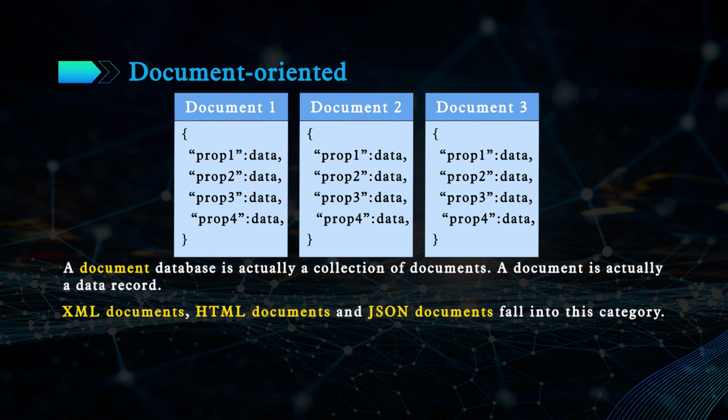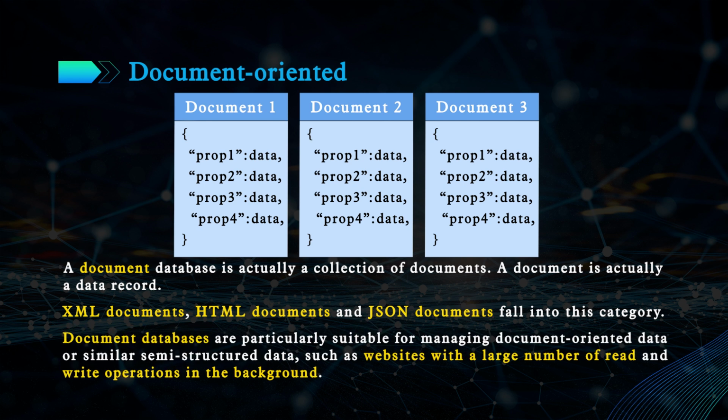The data record contained in each document is a collection of a series of data items. Each data item has a name and a corresponding value. The value can be a single data type such as a string, a number, or a date, or it can be a complex type such as an ordered list and associated objects.